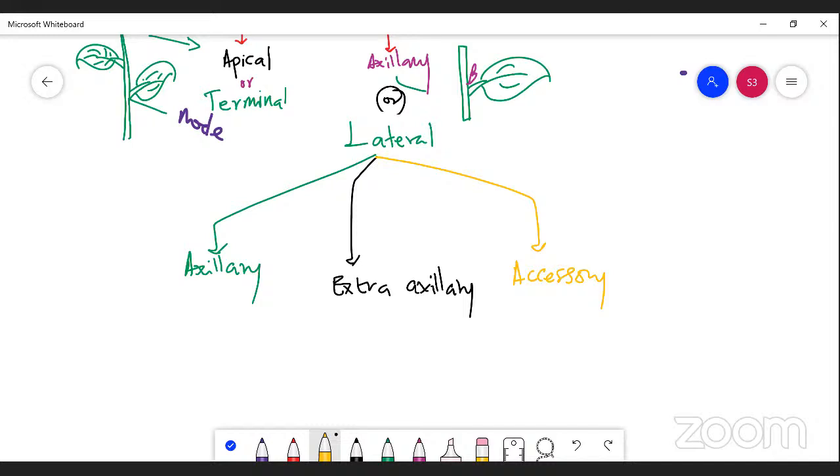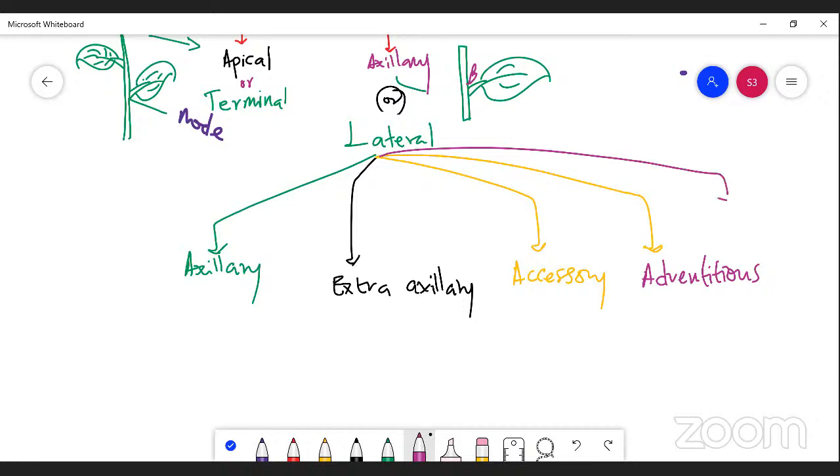The next category, adventitious buds. And finally, one more category, that is bulbils.